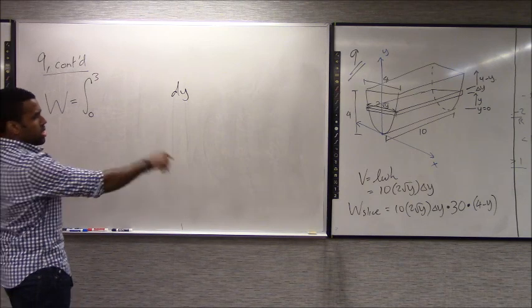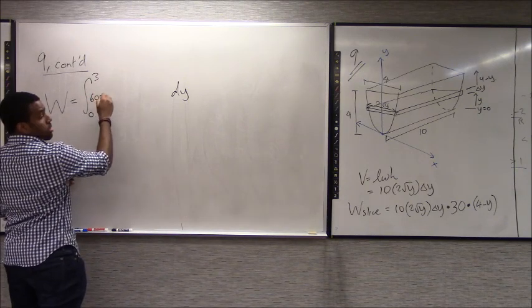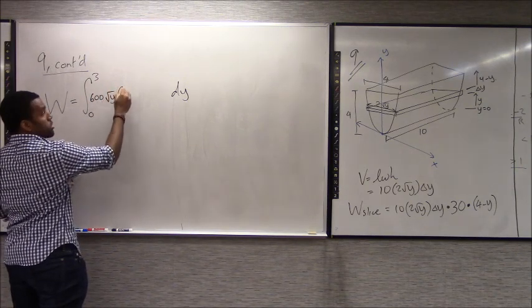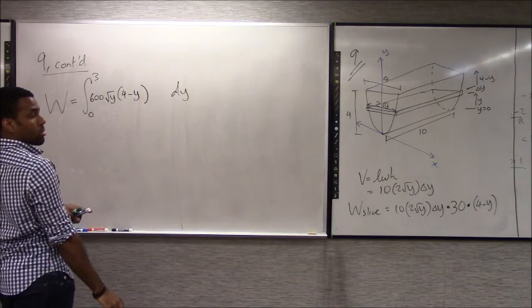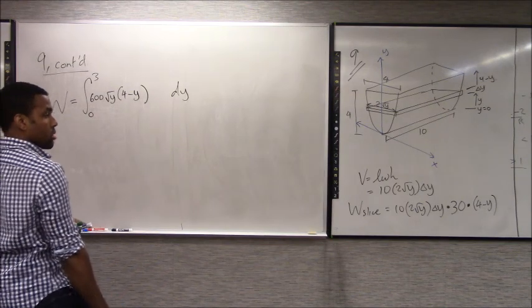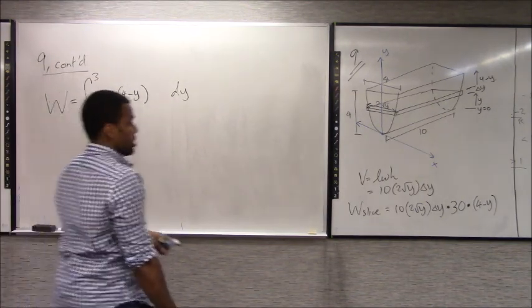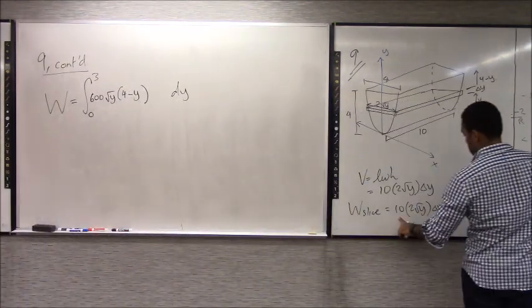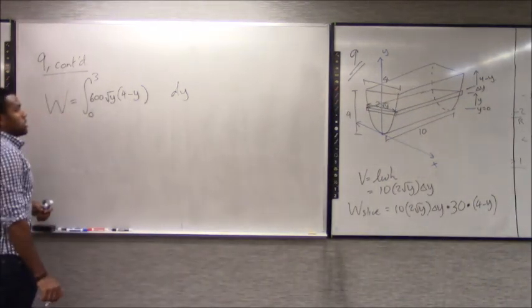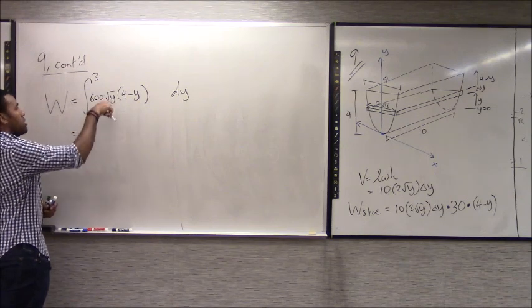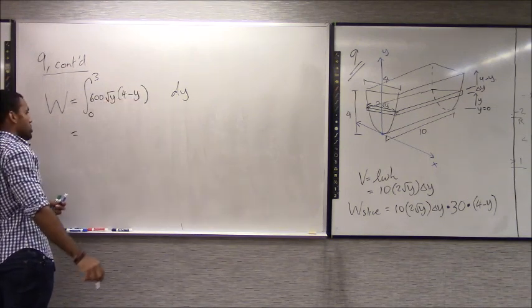20 times 30, that's 600 radical y times 4 minus y. You heard about the 2? The what? Times 2 is included. 2 root y. It's included. I took the 2 times the 10, which is 20, times the 30, which is 600. And of course, that y to the half you multiply out, you can use the power rule.